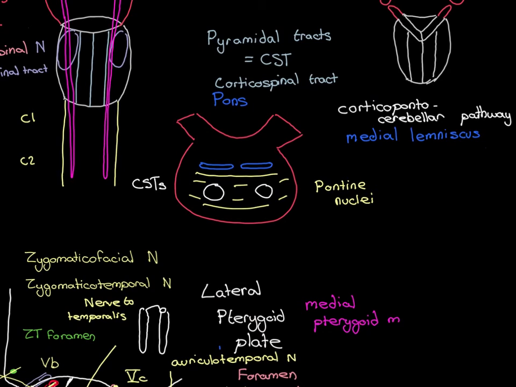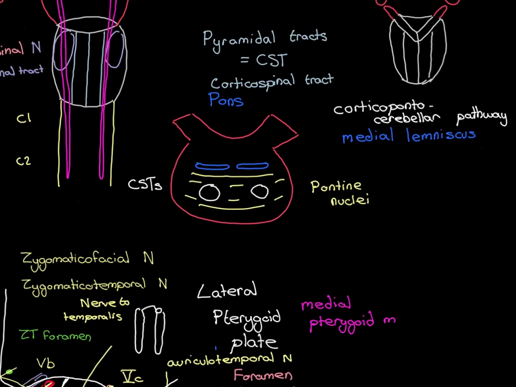So of course, the principal sensory nucleus of the trigeminal nerve is quite lateral in the pons, and indeed it's in this sort of position here, and again on this side, so just behind the medial lemnisci, like so.